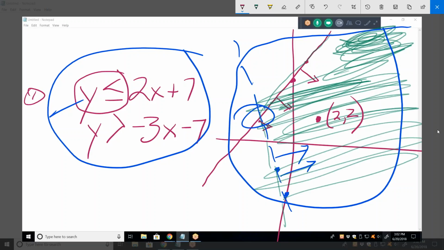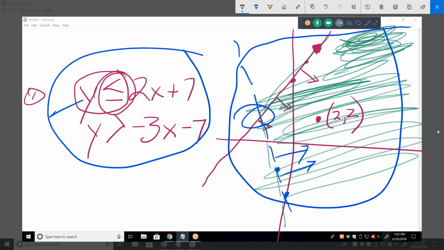Now, if I gave you this point right there, is that in the solution set? Yes, it is, because it's on a solid line. In other words, if that point is on the line, it's in the solution set, because it's less than or equal.